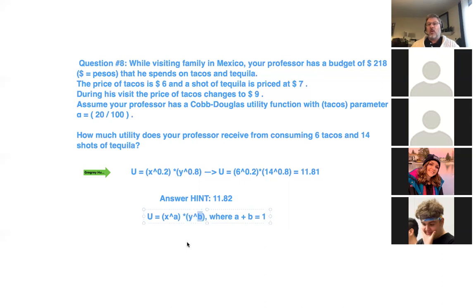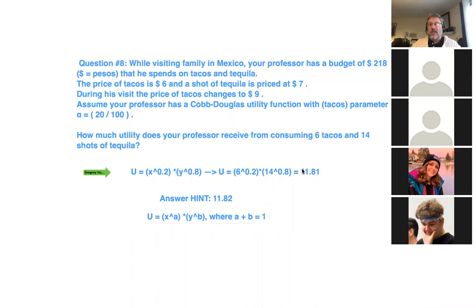Since the utility represents Hannah's satisfaction from consuming different combinations of tacos and tequila, we have to have A and B constant while we're analyzing that decision, because otherwise that would mean your preferences were changing. We would look at the same bundle, like 6 tacos and 14 shots of tequila, and if A and B were changing, we would end up getting different values.